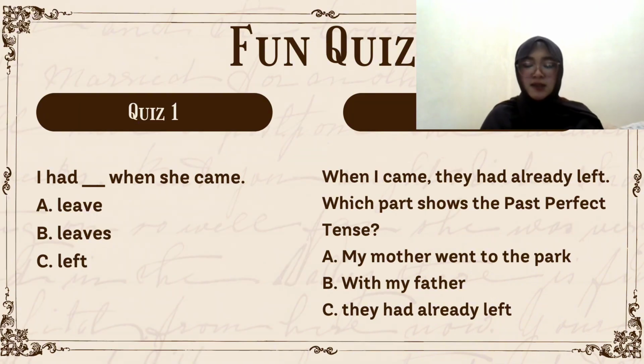Okay, since we finished learning about the past perfect, I've prepared a quiz for you to try. Okay, now let's try a quick quiz. Quiz number 1. So you can read it first and I will tell you the correct answer.